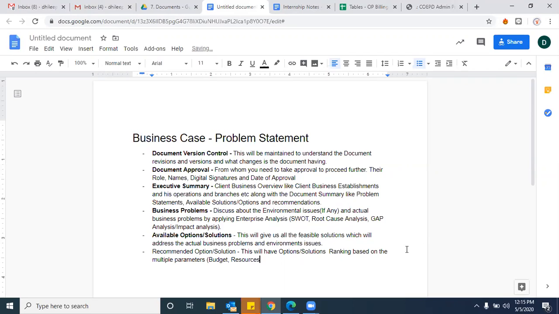Resources, feasibility, risks, assumptions, like that, etc. And once we have these multiple options, the options ranking, then we'll provide which option is mostly recommended for the client business process.